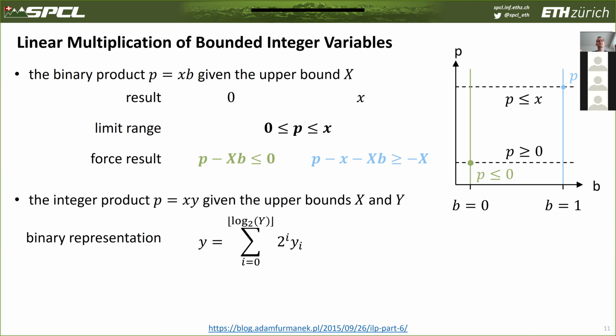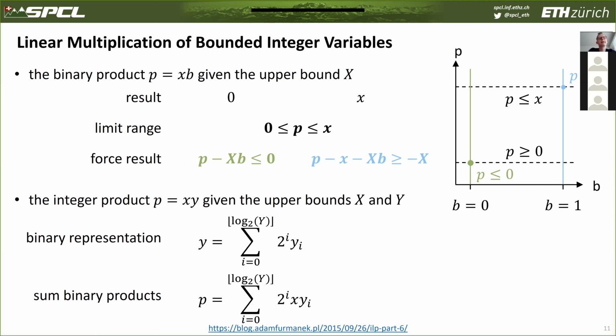Now, this is just a multiplication by a binary variable. So if we want to compute the integer product of two variables x and y, again given upper bounds X and Y, what we do is we represent one of the variables as a sum of binaries, in this binary representation shown here.